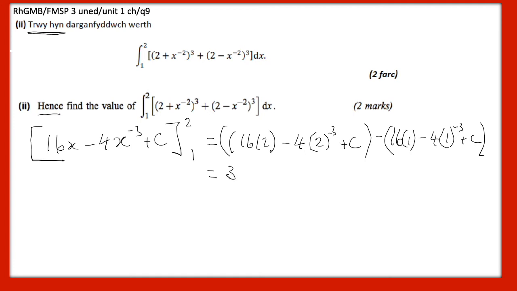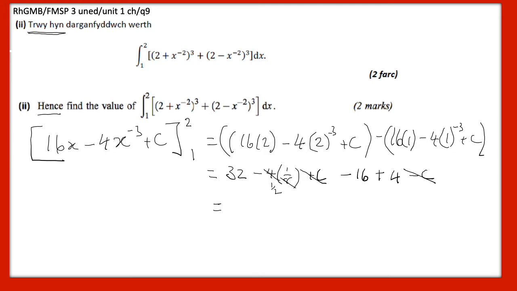So I've got 32 minus 4 times 2 to the minus 3 is 1/8, so 1/8. So that tidies up to give me a half, plus c, minus 16 plus 4 minus c. So my c's will cancel.